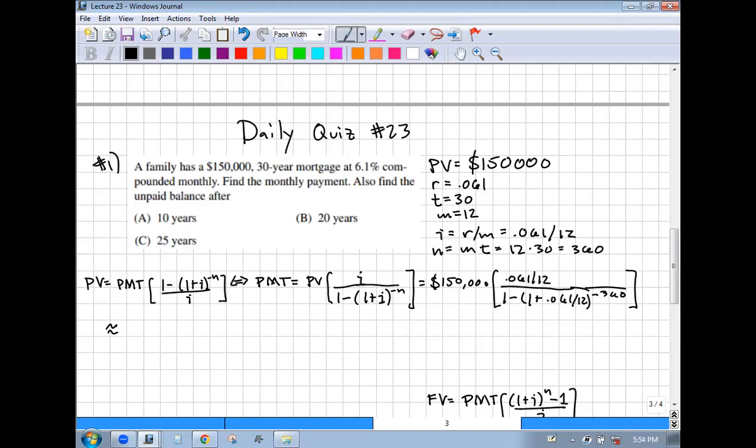Let's see. 150,000 times 0.061 divided by 12, divided by 1 minus 1 plus, parentheses.